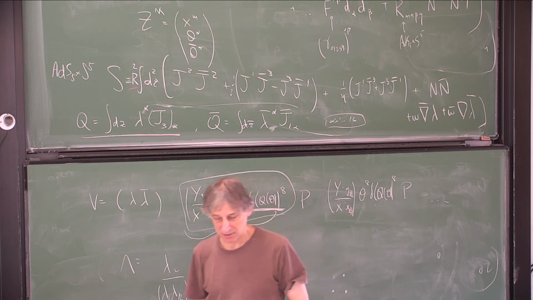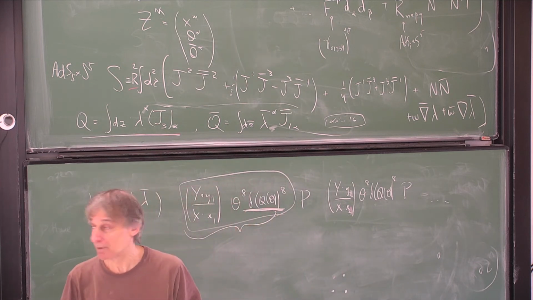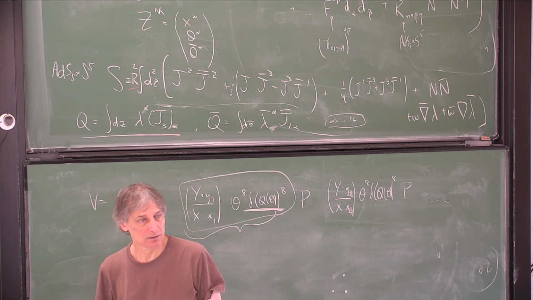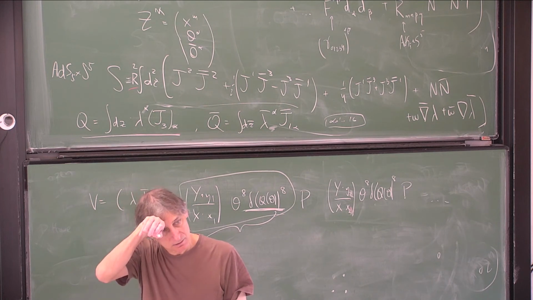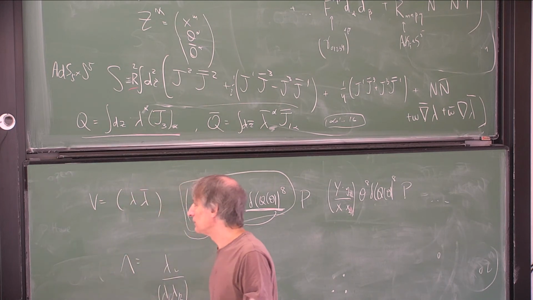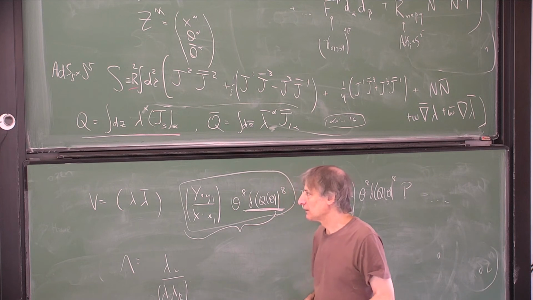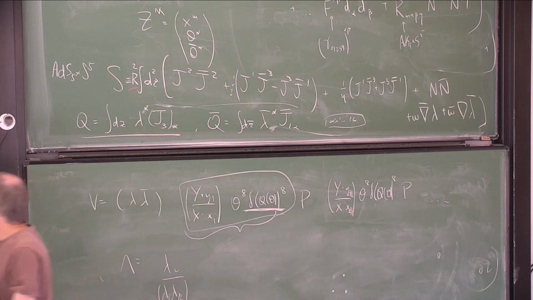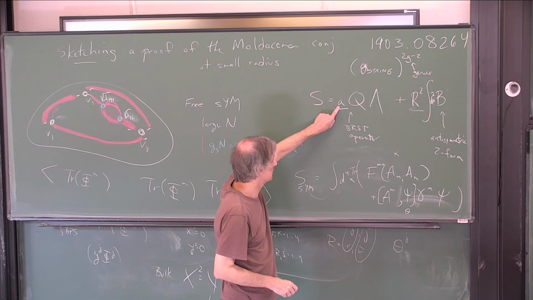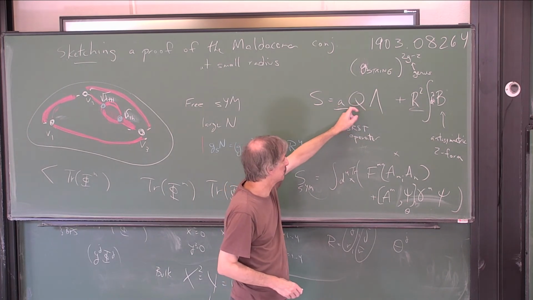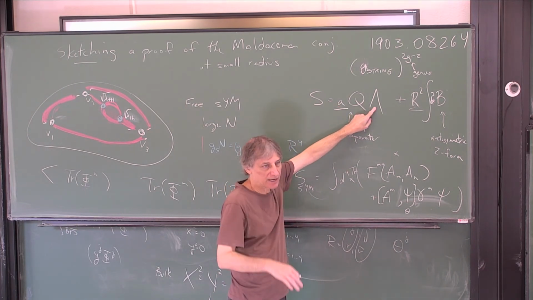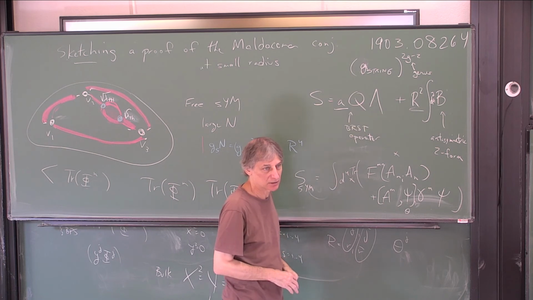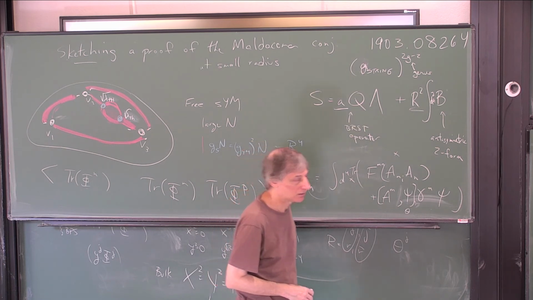But does it look anything like a free theory? I mean, as Rajesh was saying yesterday, somehow wouldn't we expect the worldsheet theory also to be free for free super Yang-Mills? So if you take A goes to infinity, then you can take the limit in which you rescale out all the terms which are not quadratic, and then you get a free field theory. Yes. So it's free fields in the lambdas and in what?